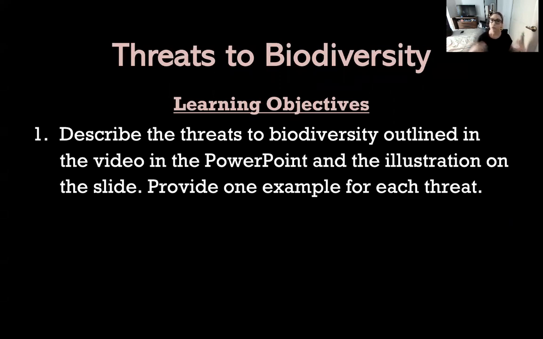And remember, natural selection is most often involved in speciation. And then we talked about the value of biodiversity, all these different services that we get from a biodiverse ecosystem, supporting, provisioning, cultural. Now we're talking about threats to biodiversity.